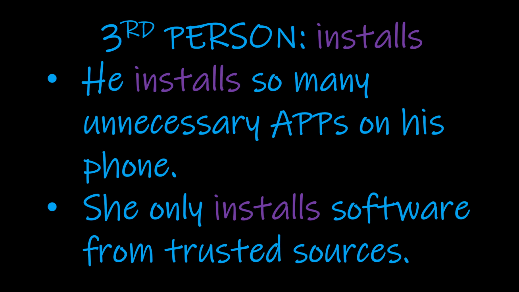So as you can see, he installs, it's his habit, it's what he does often. She only installs software from trusted sources. This is just what she does. It's her way of doing it. So in both cases, we're not located anywhere in time. We're just talking about a person's habits.